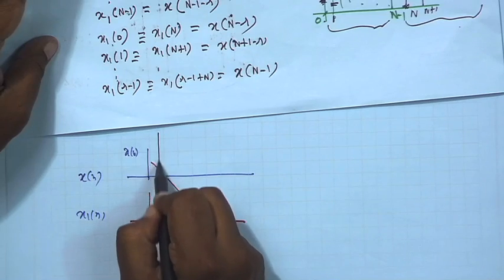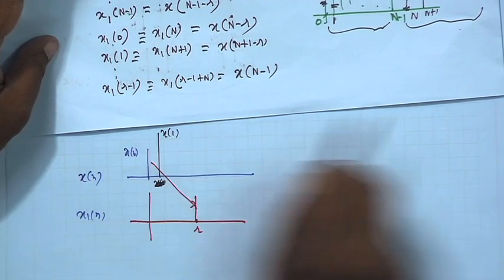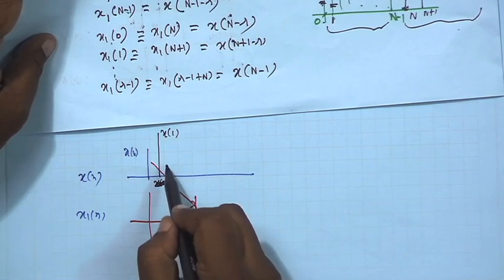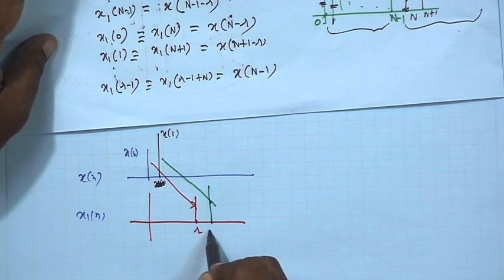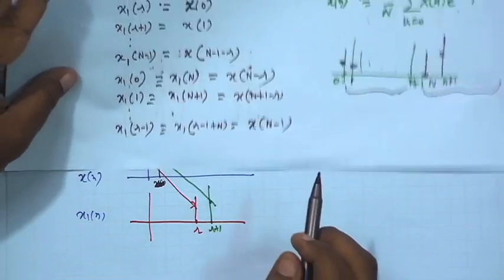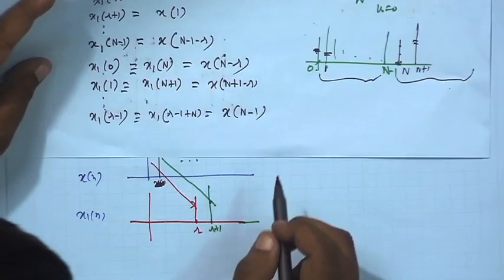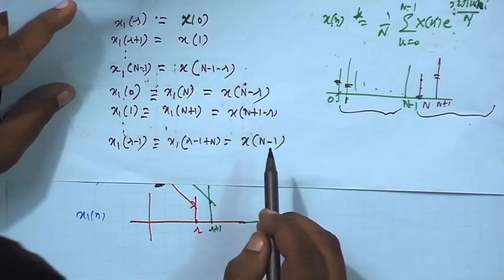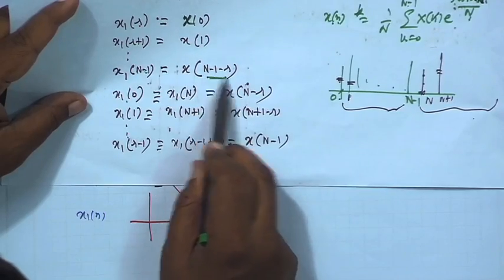Then I had x 1, sorry x 1, it will go to r plus 1th point, dot dot dot x 1 n minus 1, who will come n minus 1 minus r.